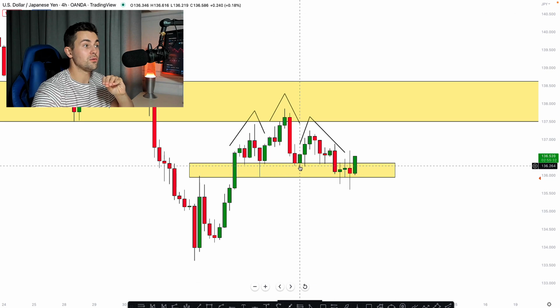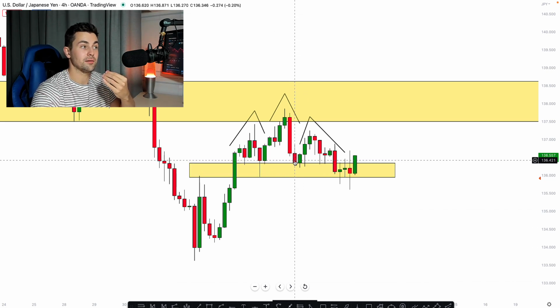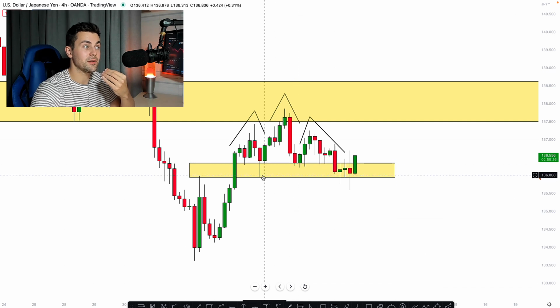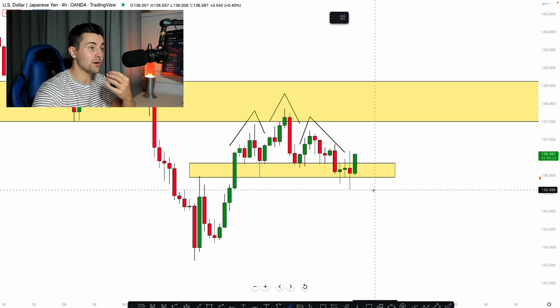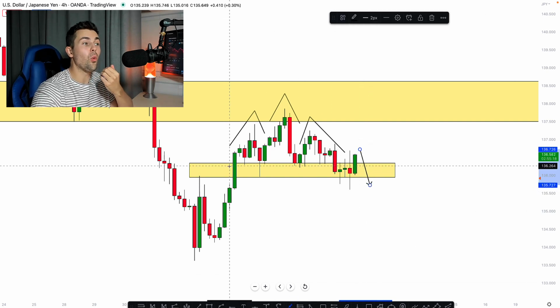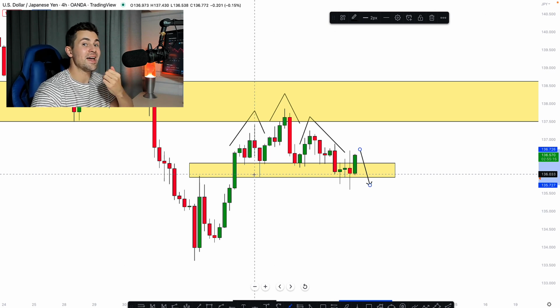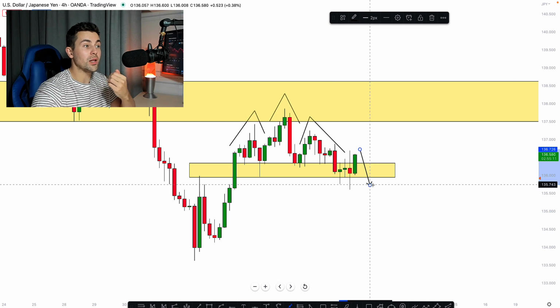Yes, so you can see that here the neckline of this head and shoulders pattern is based on the candle close right here and the lowest wick. And the breakout of the neckline will be confirmed only when the price closes below that entire area. Only when we close below that on the 4-hour, only then we can sell.